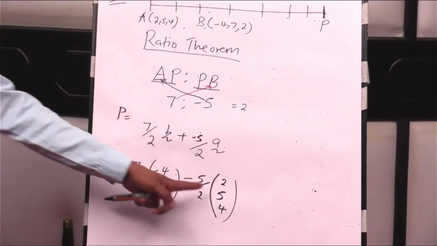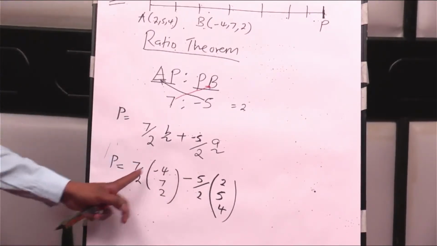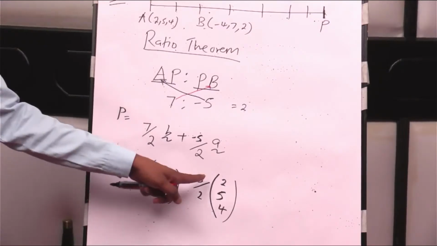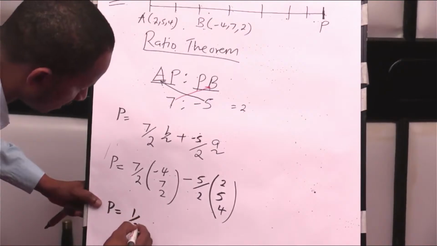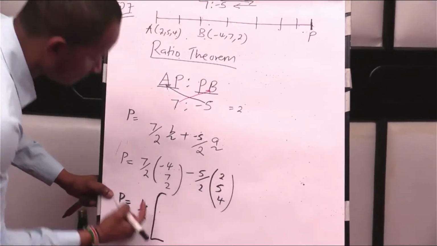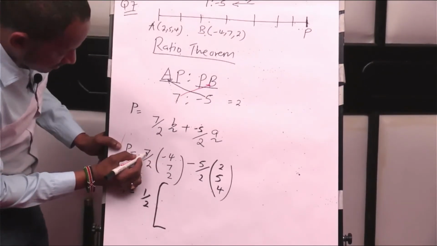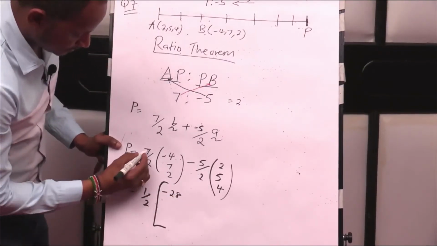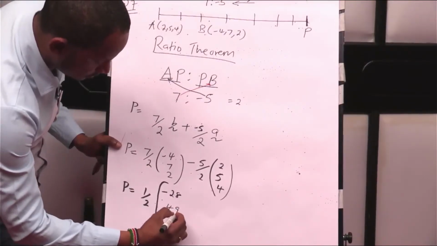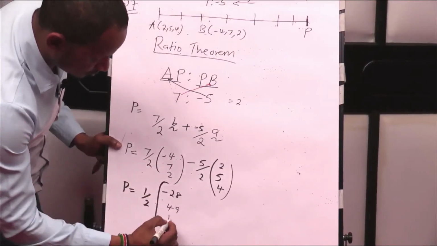So what's common in these two is a half. 7 over 2 and 5 over 2. What is common there is a half. Therefore, P is equal to a half. Then we solve what is in the bracket. 7 times -4 is -28. 7 times 7 is 49. 7 times 2 is 14.